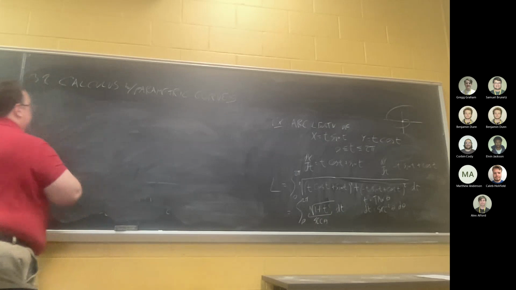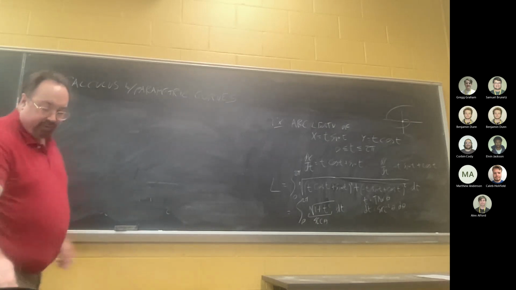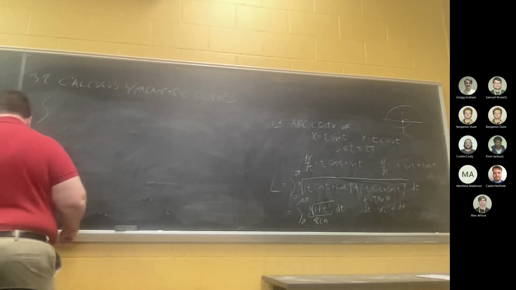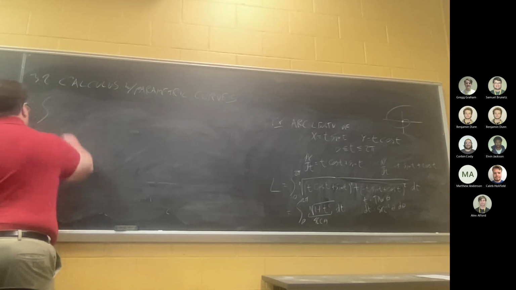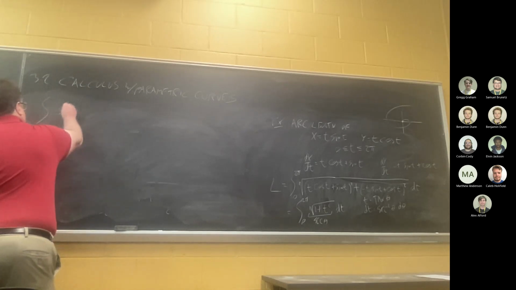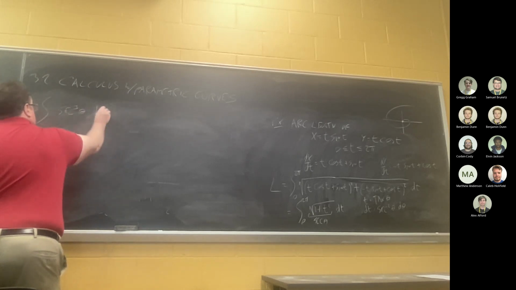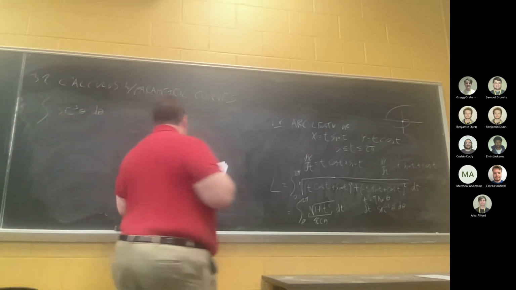So what you get is the integral, and the limits change. Well, I'm going to ignore the limits and focus on the indefinite integral, because then you can just change back to t after. So secant cubed theta d theta.